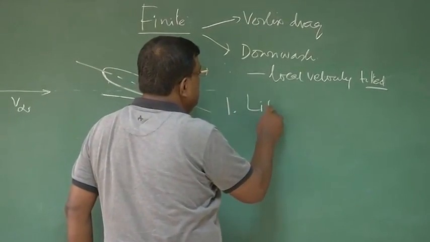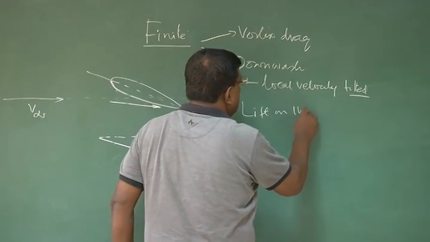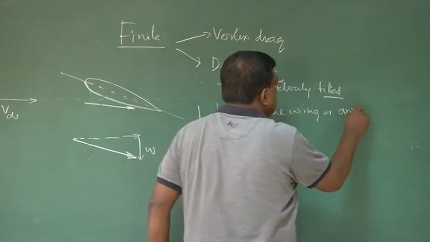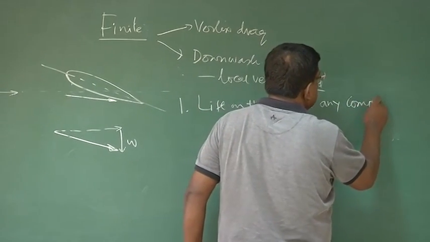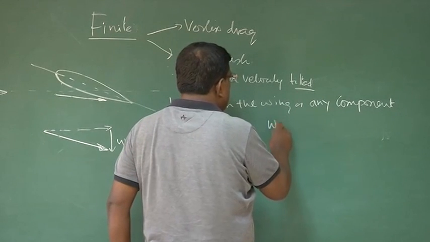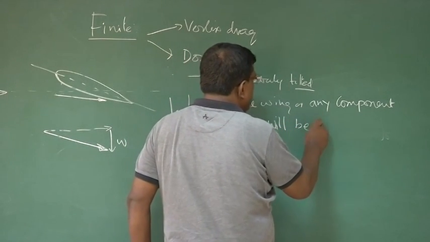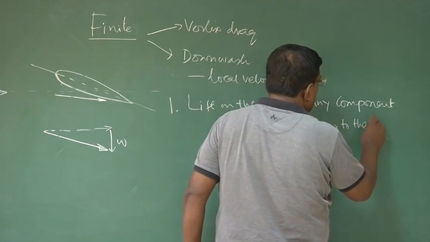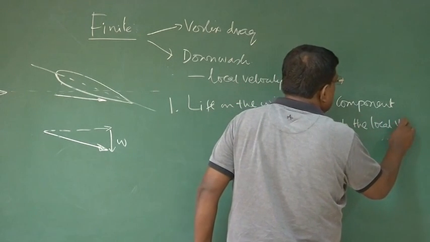The lift on the wing or any component will be perpendicular to the local velocity.